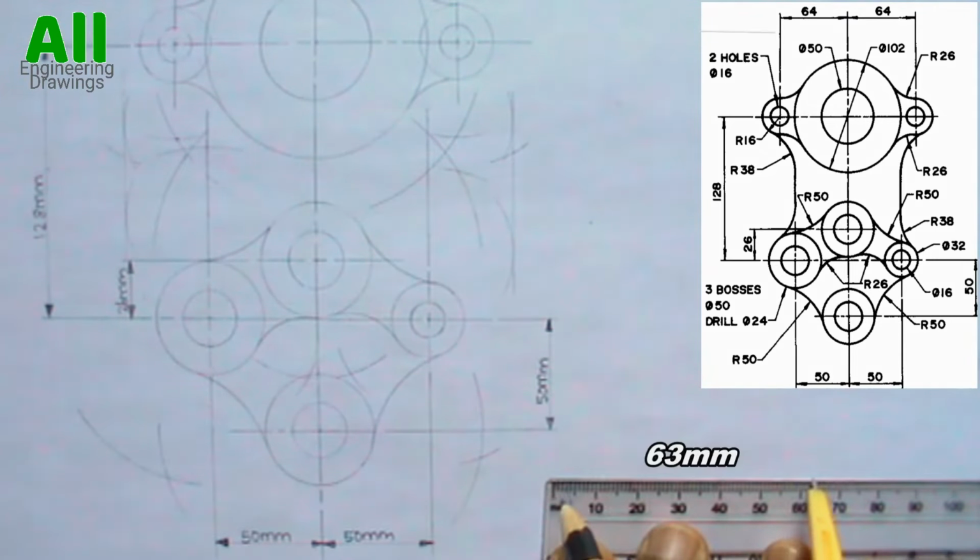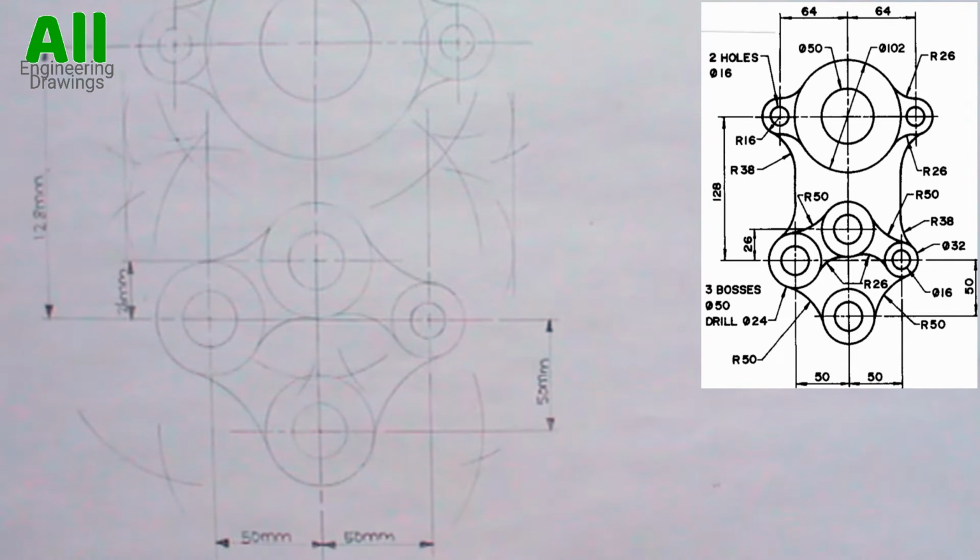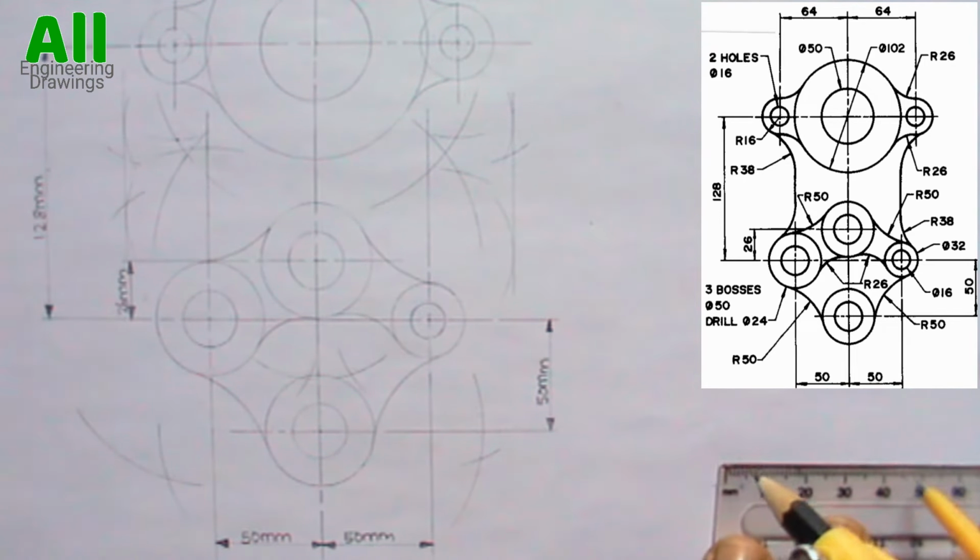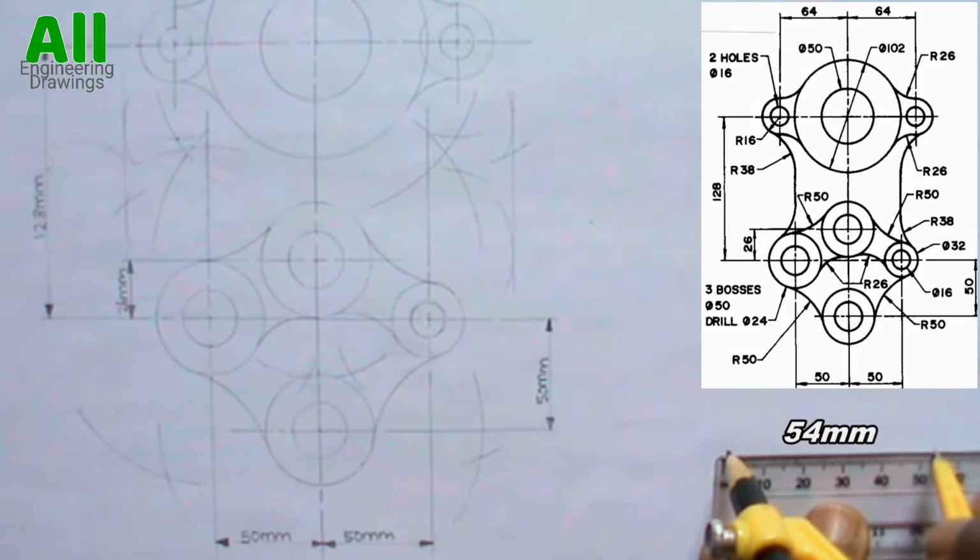Since for this circle the radius is 16 millimeter, I will add 16 plus 38, which will give us 54 millimeter. So I will adjust my compass to a radius of 54 millimeter. Then I will place my compass on the center of the circle, then cut an arc on the parallel line.